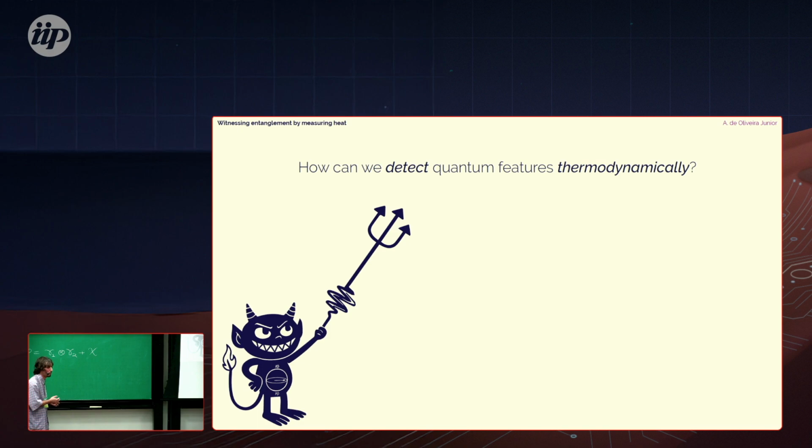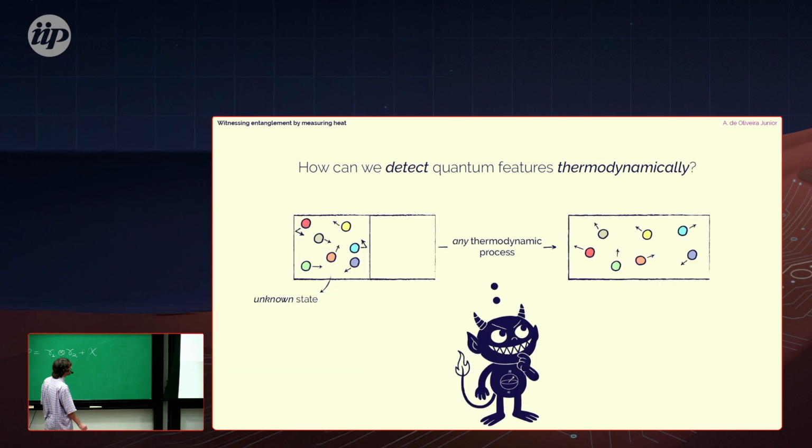Here, as I said, we assume that we have some arbitrary state prepared in an unknown state, and we allow an arbitrary thermodynamic process. The only constraint is that everything preserves energy because, as I said, we are looking at the shoebox. Energy is just exchanged between parts of the system that I'm looking at.